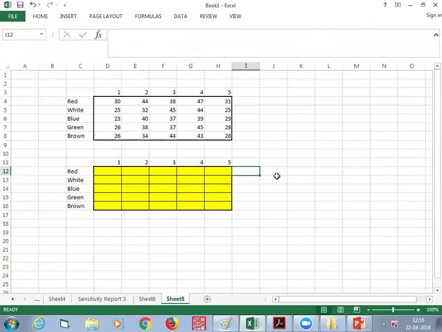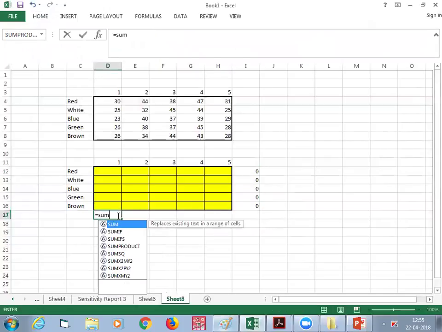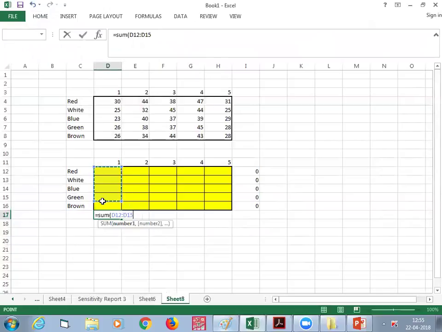Okay, and again, row sums and column sums. So everything is in terms of row sums and column sums. And finally, the total cost. Total cost is, again, sum product.